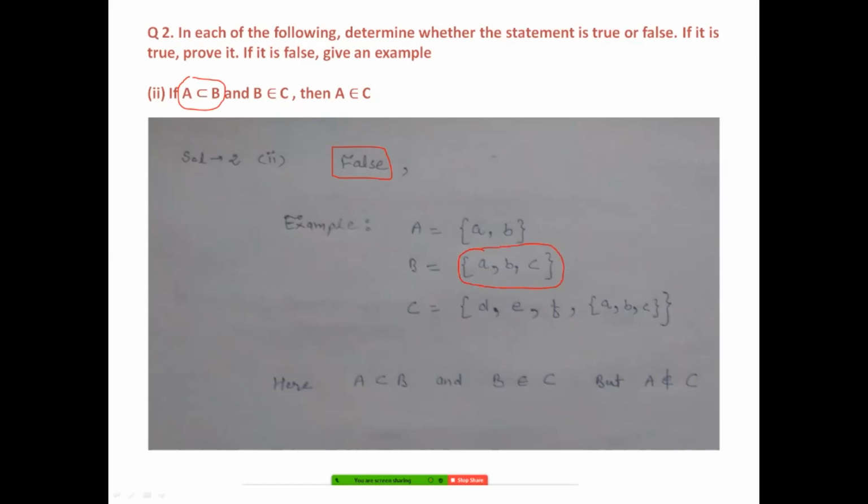What are the elements in A? a, b. So a, b are present in set B. So we write it as A is a subset of B. Thereafter, B belongs to C. The whole set B, {a, b, c}, is present here as a single element in set C. So we write it as B belongs to C. But A does not belong to C. That is, {a, b} is not any element in set C. So A belongs to C is false.